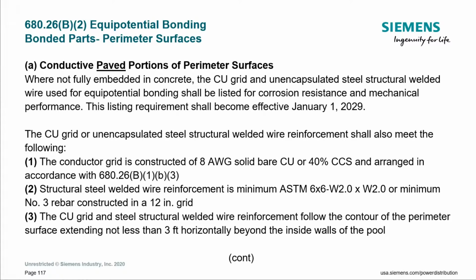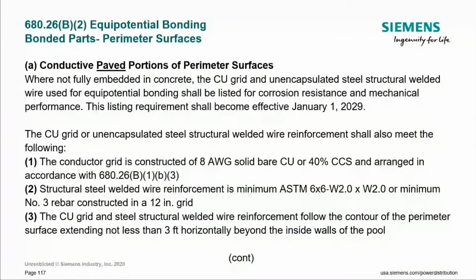Yeah, it says ASTM 6x6 W2.0 by W2.0. I think that puts it very close to, if not exactly the size of, 8-gauge copper wire. I think the pattern will be close to that 12 by 12, 16 by 16, 4-inch tolerance. Well, it also says that or minimum number 3 rebar constructed in a 12-inch grid.